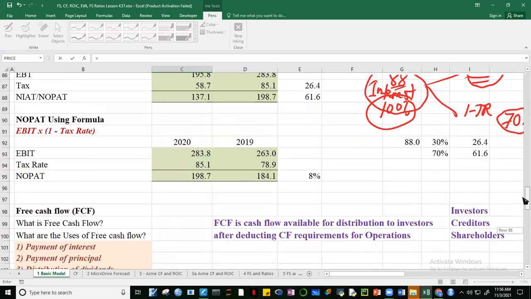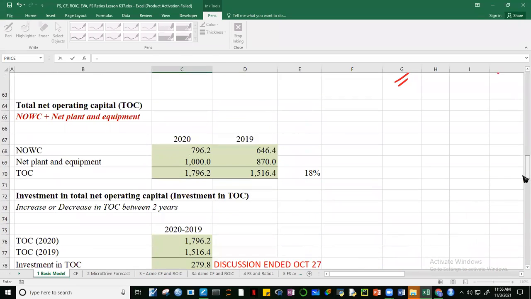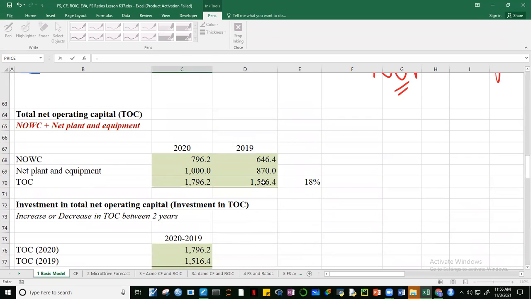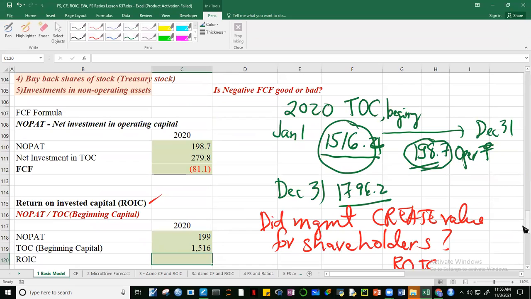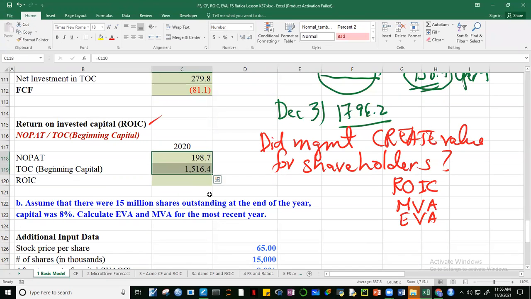And how much was beginning capital? We have it here in row 70, 1516.4. So ROIC will therefore be the ratio between how much operating profit was generated divided by how much capital was given.